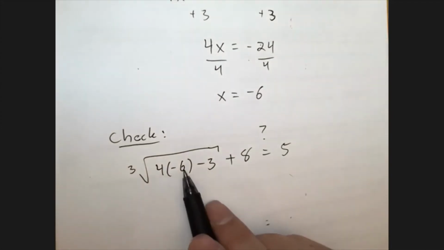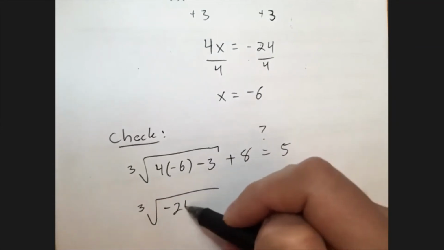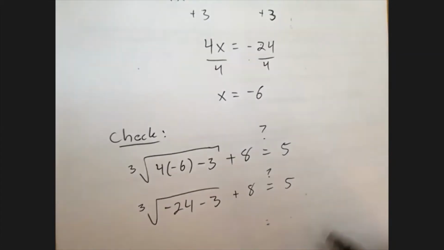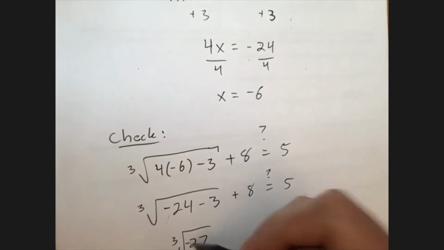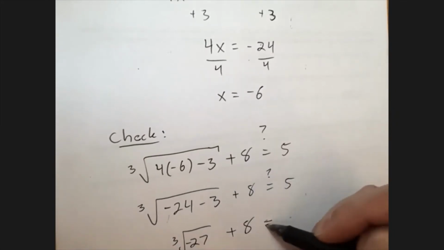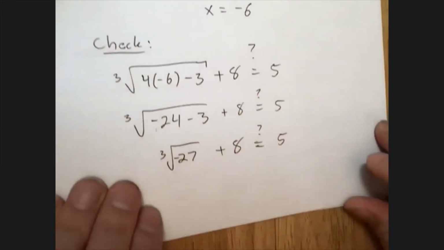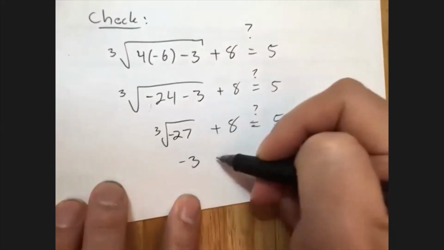Well, 4 times -6 is -24. And -24 minus 3 is -27. Okay. The cubed root of -27, well, that's -3.